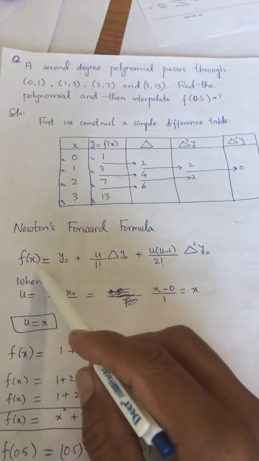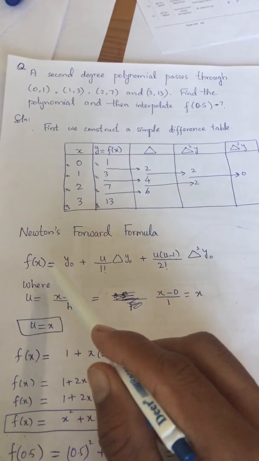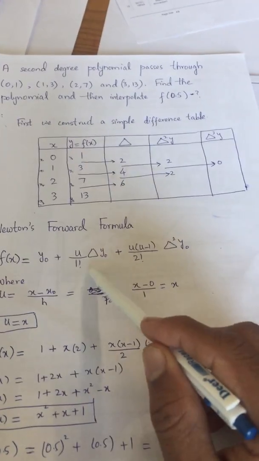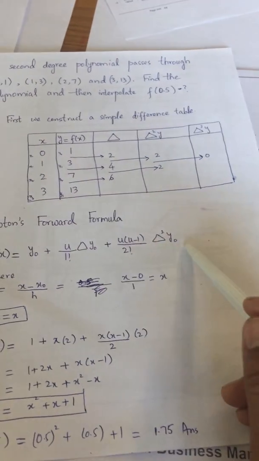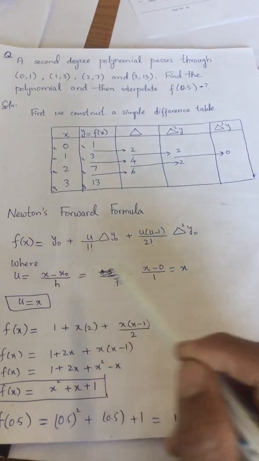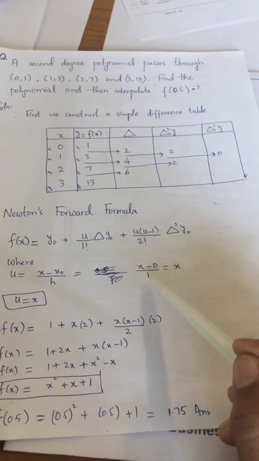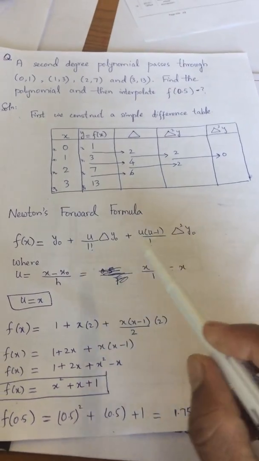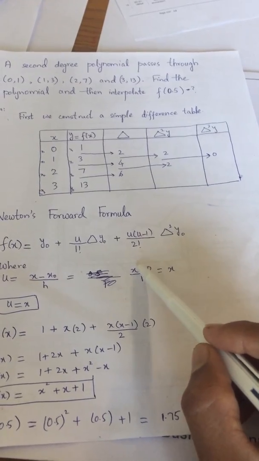So we develop the equation. F of x is y naught plus u over 1 factorial delta y naught plus u times u minus 1 over 2 factorial delta 2 y naught. And u is x minus x naught over h. X is unknown, x minus 0 over 1. In this case I am not going to plug in a value of x.